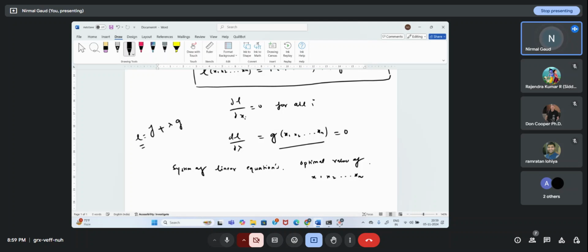Ultimately, I need to perform the partial differentiation of L and then find the optimal values for these parameters. Okay, sir, you told lambda is the Lagrange multiplier. What is it doing here? What is this multiplier lambda doing here?